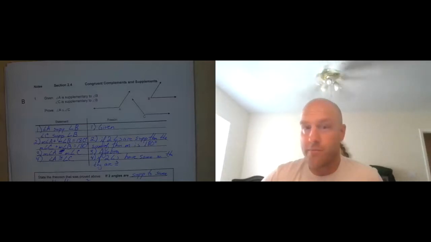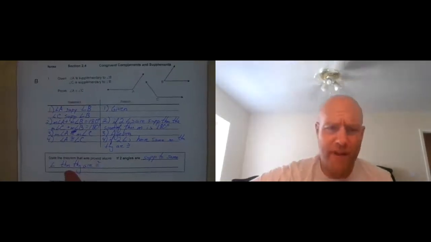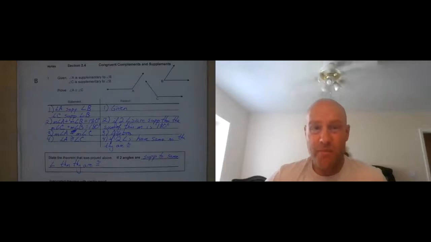The next time we meet, by the way, I think it's the next time we meet, we have to learn 8 of them. So quite a lot, but it's not that bad, because frequently once I have a theorem, I usually end up with very similar theorems. I can change one word and get another theorem out of this. If two angles are supplementary to the same angle, then they're congruent.